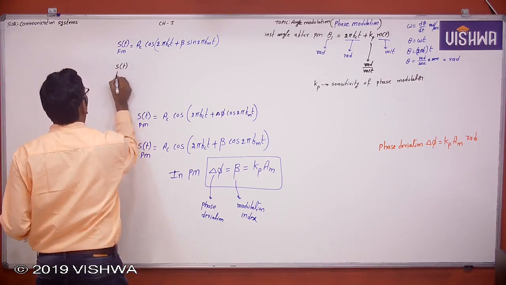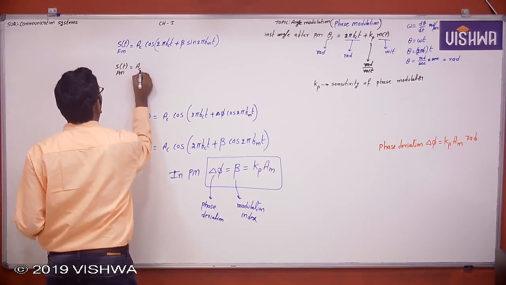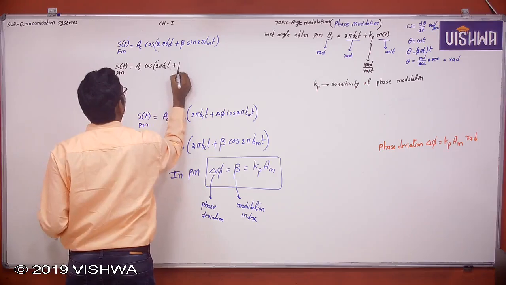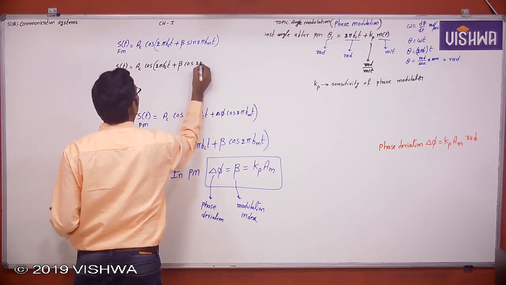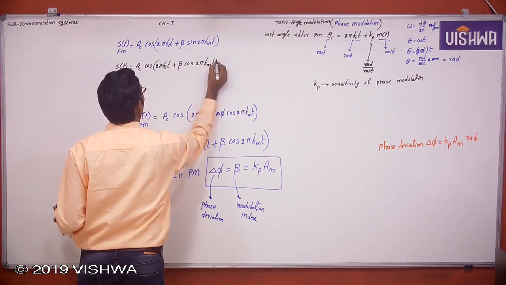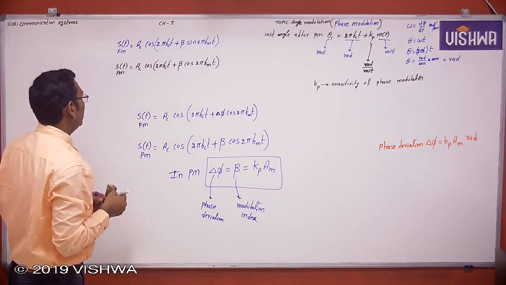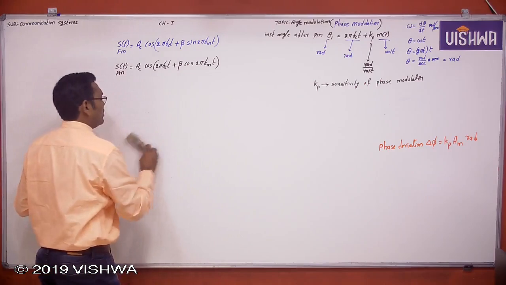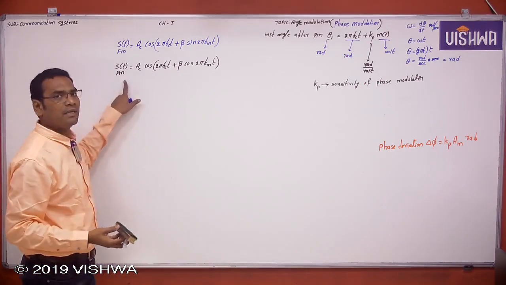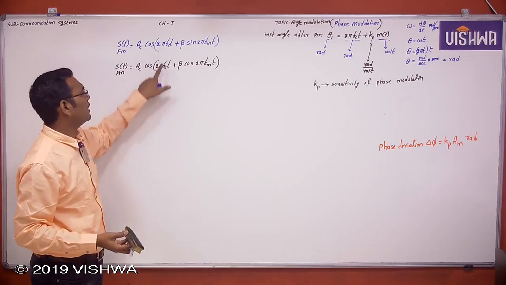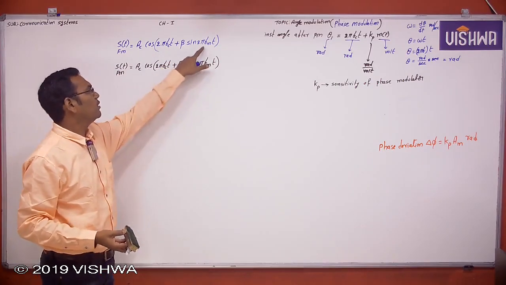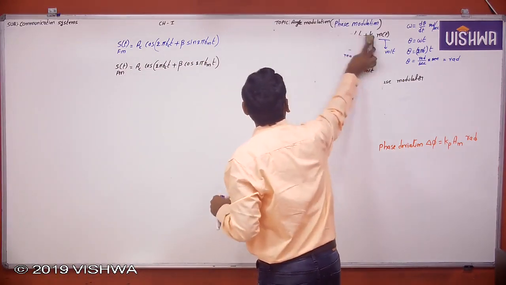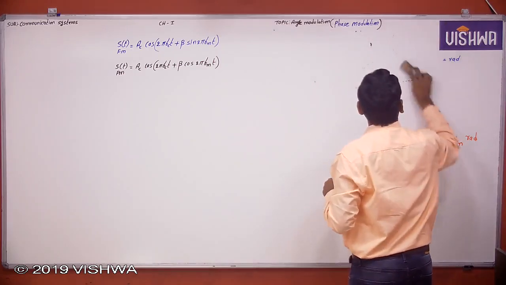S of t for PM is equal to Ac cos 2 pi fc t plus beta into cos 2 pi fm t. See here, both appear to be the same or not? Yes, both appear to be the same. Ac, fc, modulation index, 2 pi fm, everything appears to be the same.